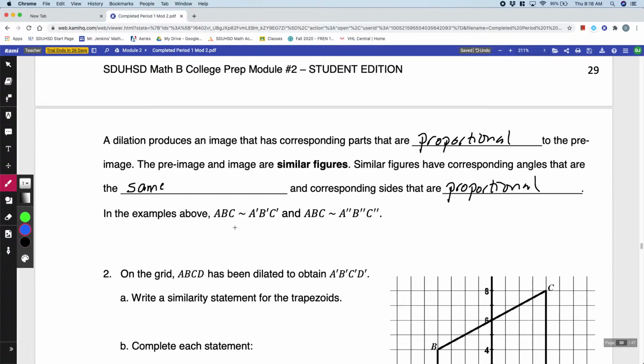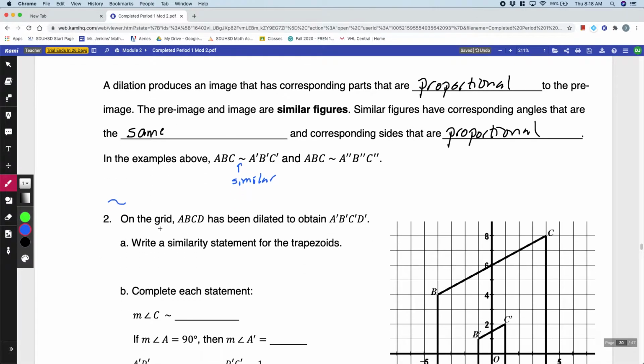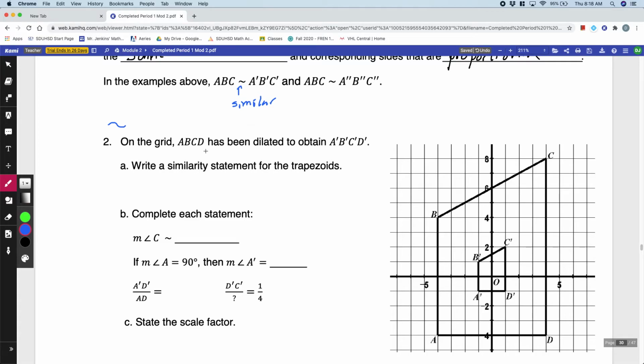This squiggly sign right here, it means similar. Objects are similar. You can write this down. Objects are similar if the angles are the same and sides have the same ratio.